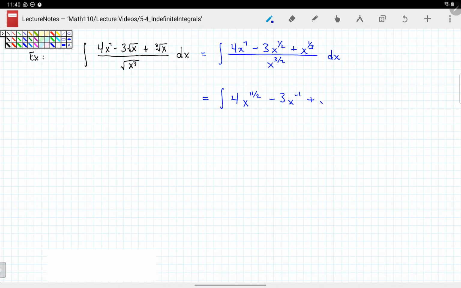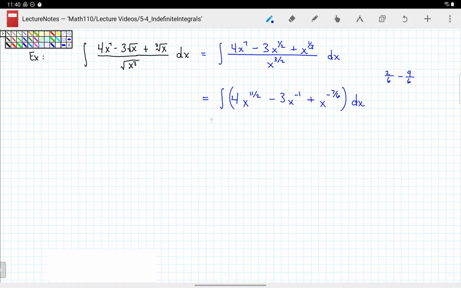Plus x to the, I have to do this off to the side, 1/3 is the same as 2/6. And 3/2 is the same as 9/6. So it'd be -7/6. Okay, so now I am finding the antiderivative of 3 different power functions.